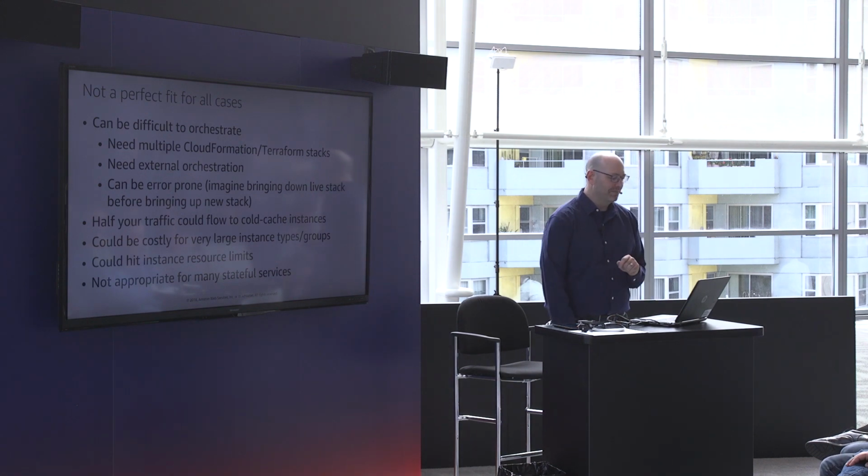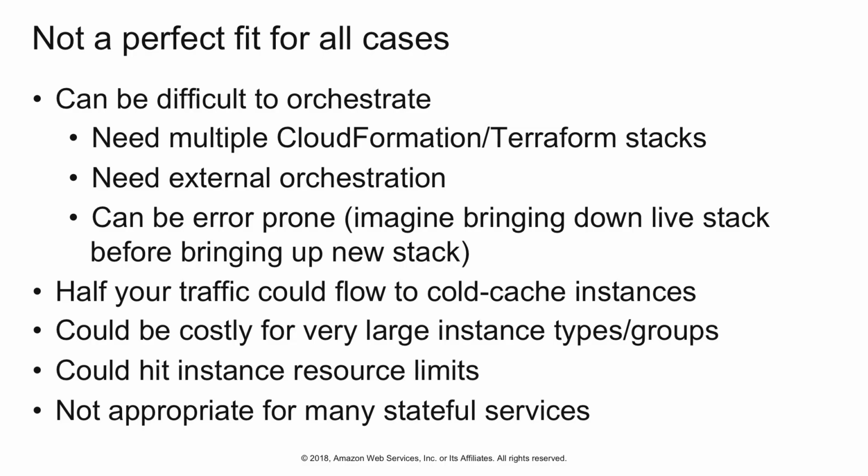That would be disastrous. Another challenge is that depending on how you've set up autoscaling, if you immediately add all of your new instances to your autoscaling group, half of your traffic could start flowing to cold cache instances and impact your SLA and your response metrics to your customers. It could be extremely costly if you have very large autoscaling groups.